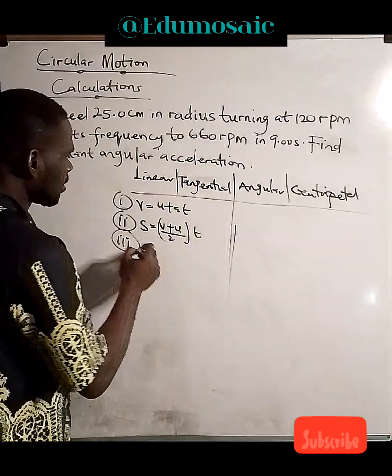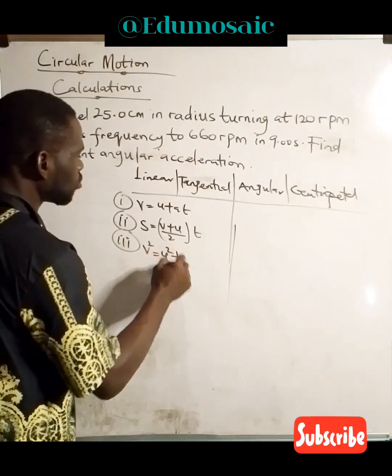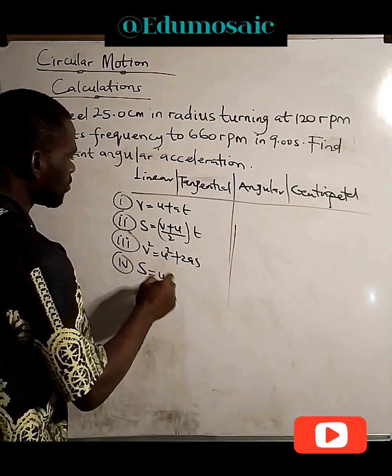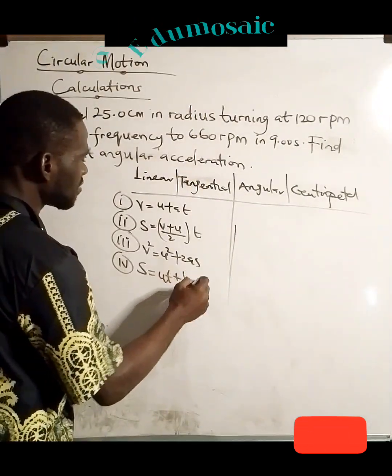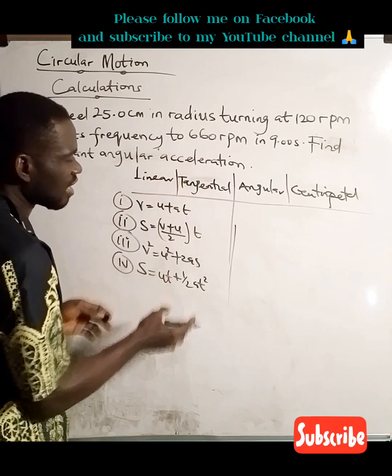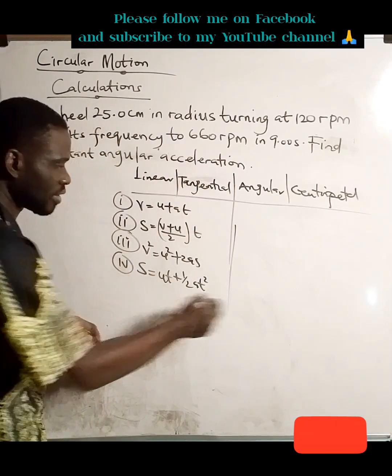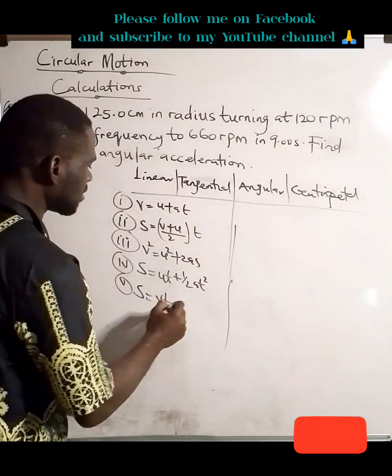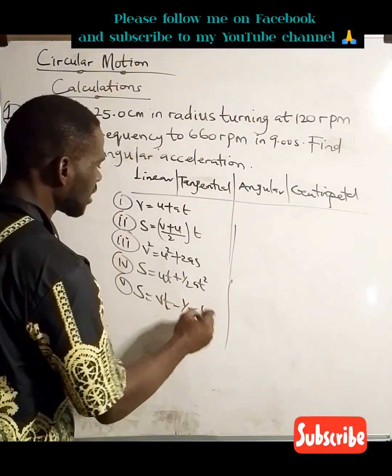We have v squared equal to u squared plus 2as. And also we have s equal to ut plus half at squared. All these are linear equations of motion. And also we have, I love this formula, s equal to vt minus half at squared.